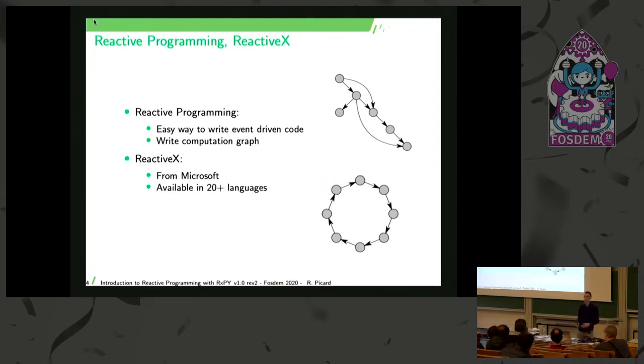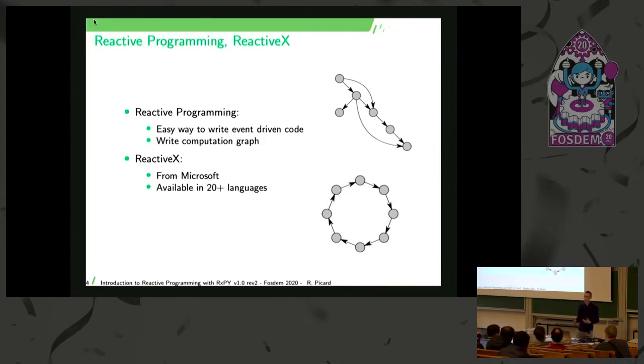And it's done in a way that you write a computation graph. On the right, you have an example of a graph that you can do. The nodes represent computations that are done, transformations, and the edges represent data flow.